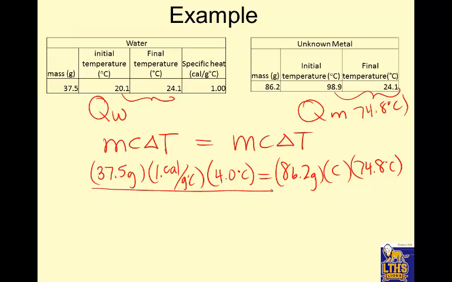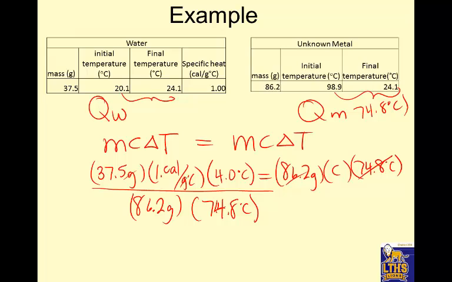So we can divide everything by 86.2 grams and 74.8 degrees Celsius. What happens is grams cancel grams, and these grams stay.